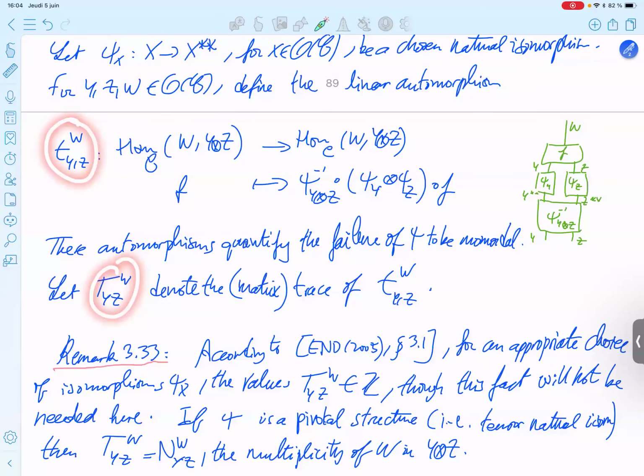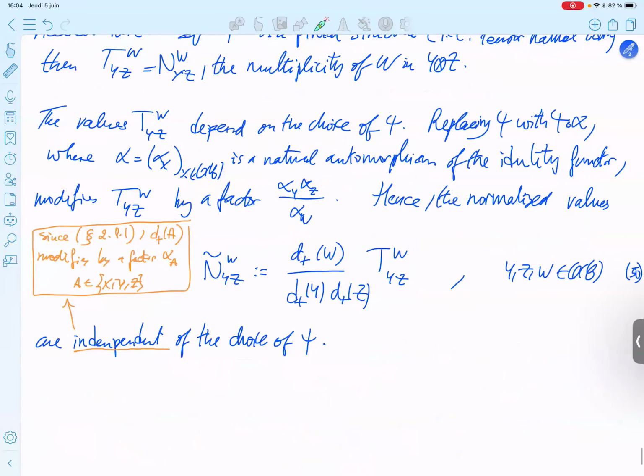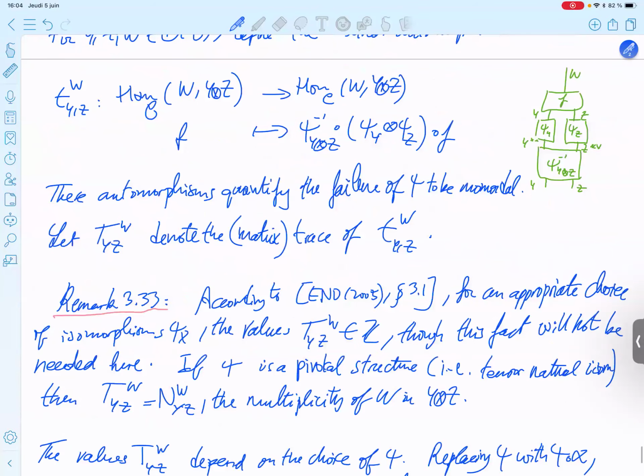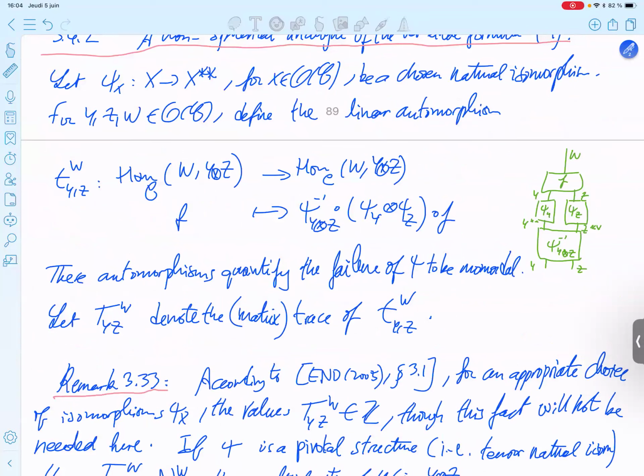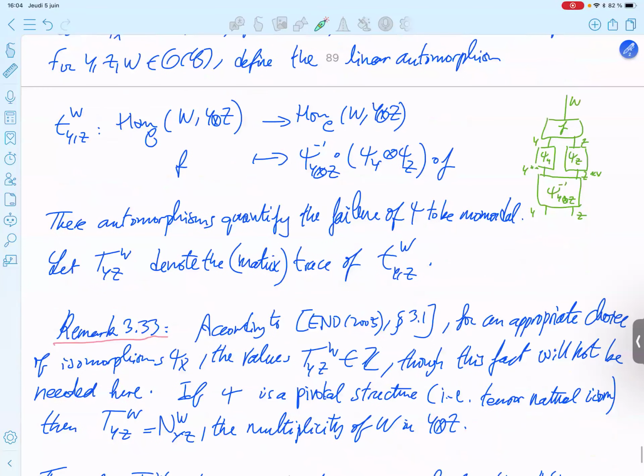So this is 0. So note that. And the fact that Y is not a subobject of Y tensor Z is equivalent to saying that the multiplicity of W in Y tensor Z is equal to 0.